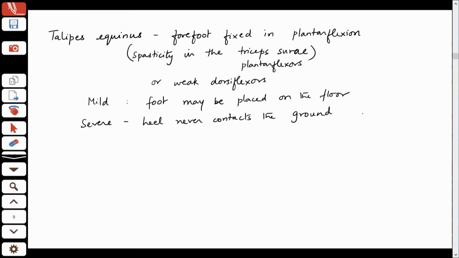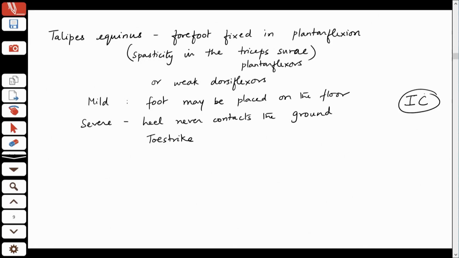So, in this case your primary method of contacting the ground would be toe strike. So, you do not have a heel strike at all, there is no heel contact, there is only toe contact. That is why when they talk about the gait cycle, they prefer to use the term initial contact.